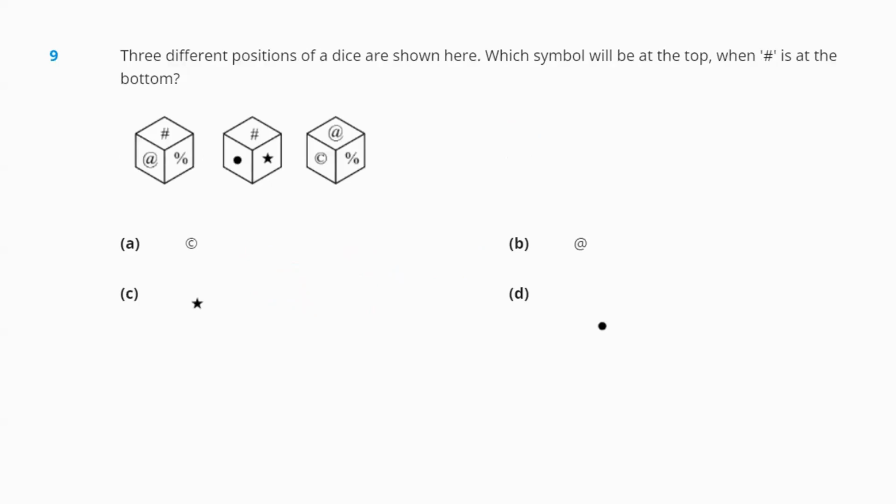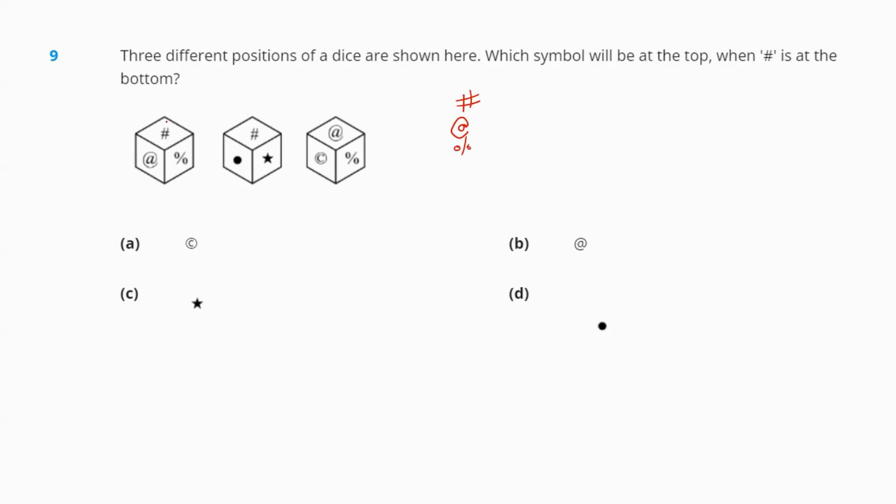3 different positions of a dice are shown here. Which symbol will be at the top when hash is at the bottom? So we have to firstly find the opposite faces of all. So we have hash, at the rate and percent sign.